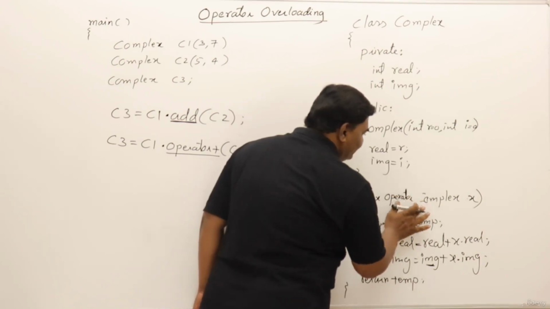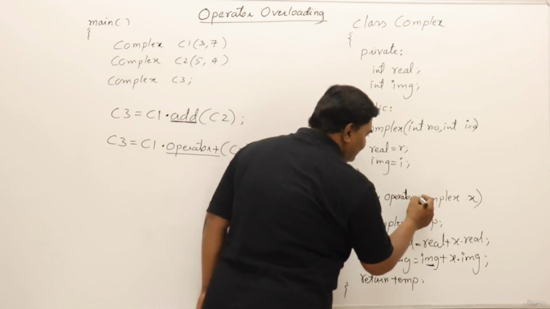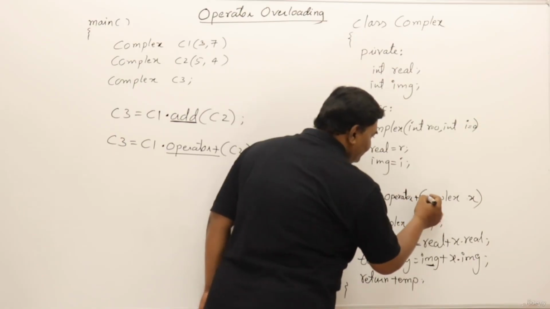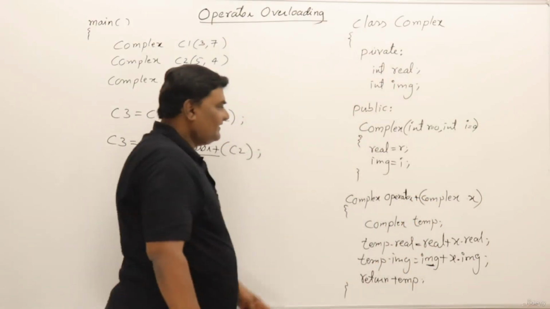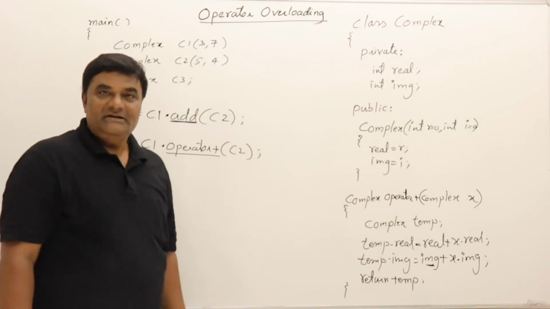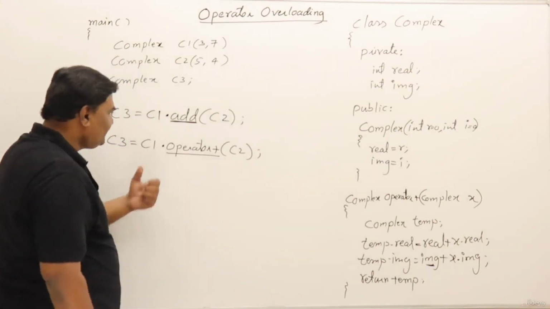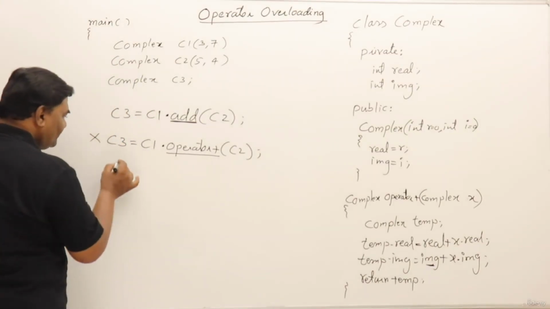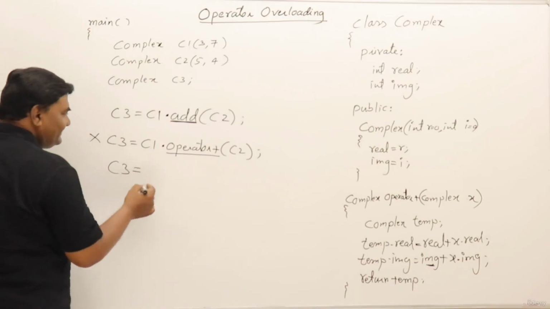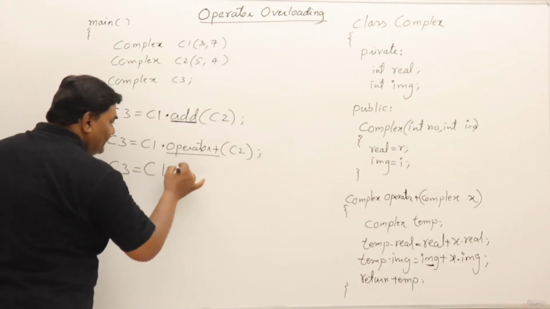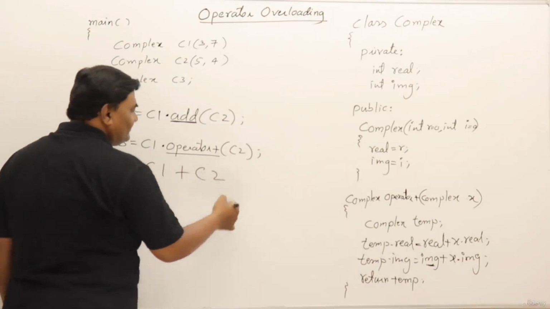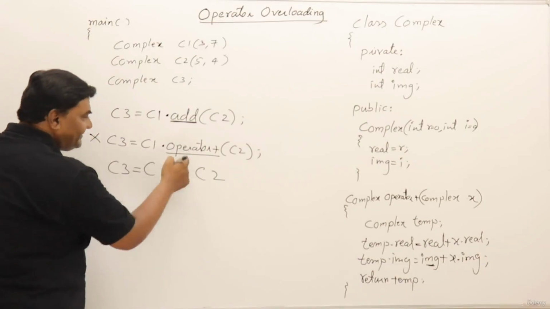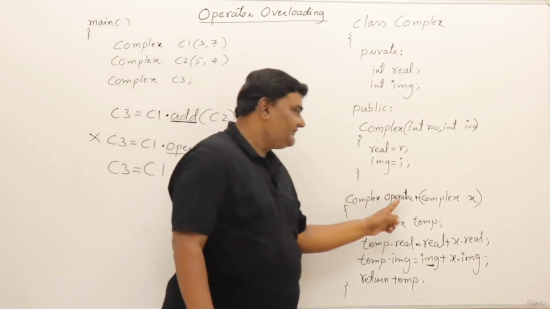Operator, there's no space. I'll just make some space here. Operator plus. So this is complex. You can convert into operator plus. Now how to call? Do I have to call like this? No, I don't have to call like this. I can say C3 assign C1 plus C2. So it will look for this operator plus, and the operator plus function is available here.